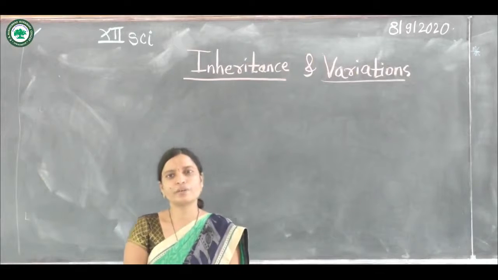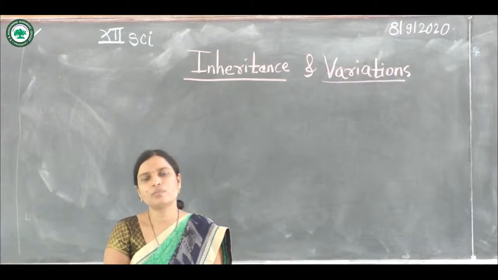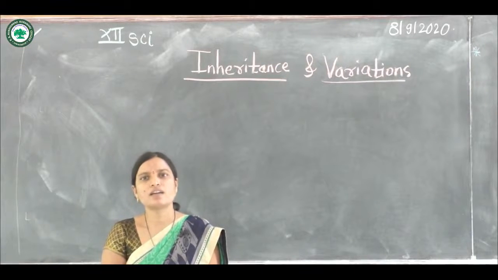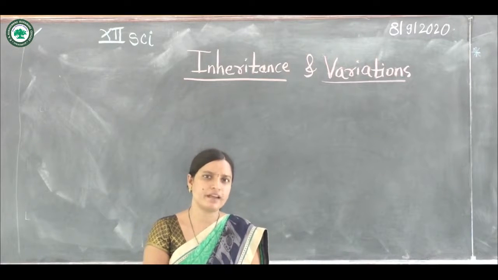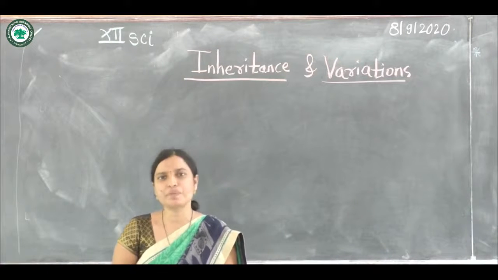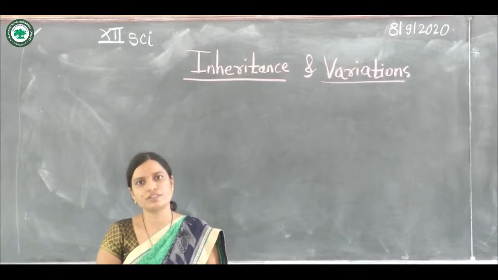Good morning everybody. In the last video we learned about Mendel's experiment in the garden pea plant, and there are several pairs of contrasting characters. The reasons for selecting the pea plant we have already discussed in the last lecture.